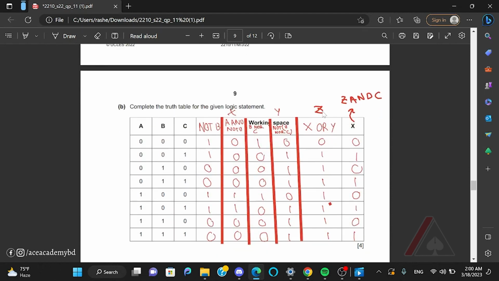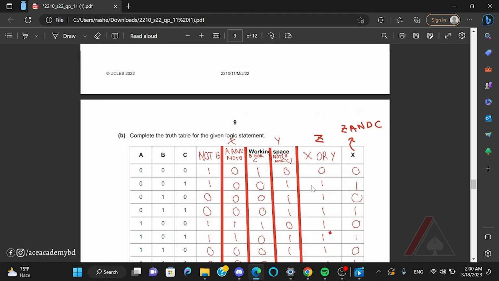So now let's think about Z, which is X or Y. X is A and not B, and Y is not B nor C, right? So 0, 0 is 0, 0, 1 is 1, 0, 1 is again 1, 0, 1 is 1, 1, 0 is 1, 1, 1 is 1, 0, 1 is 1, and then once again 0, 1 is 1, right?